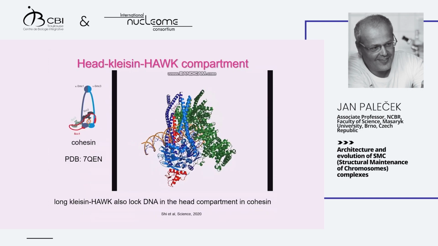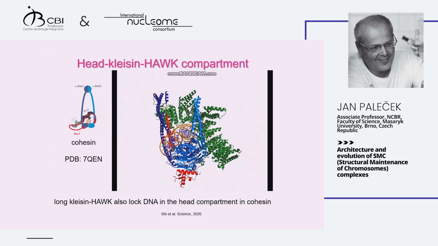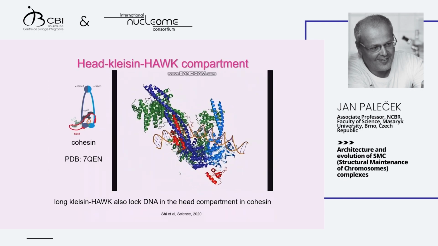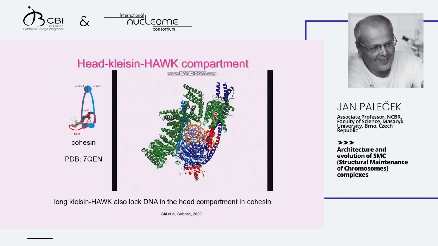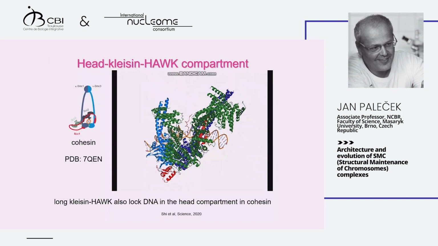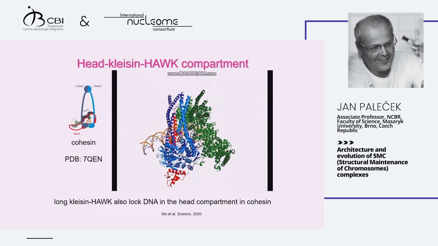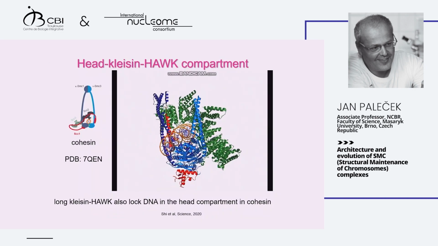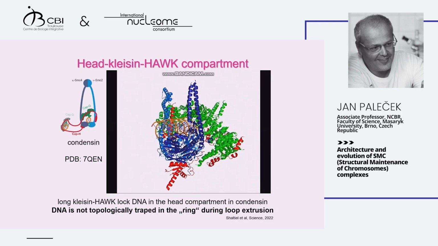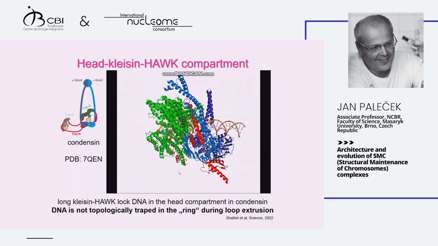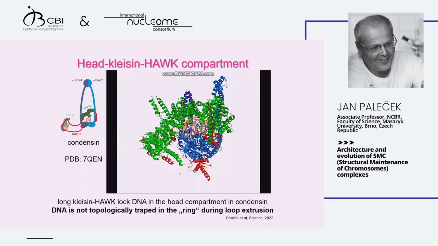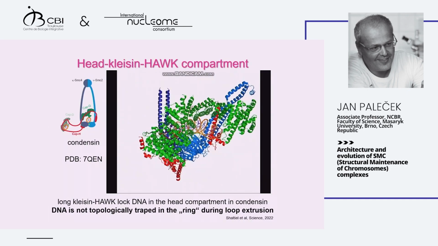In a very similar way, the kleisin linker is bound by the Hawk HEAT-repeat protein, which again locks the DNA in this compartment. So surprisingly, in cohesin and condensin you have this kind of compartment instead of a simple ring which would embrace the DNA segments.